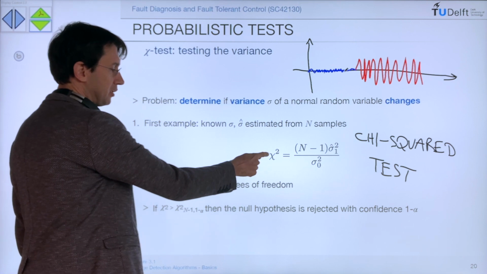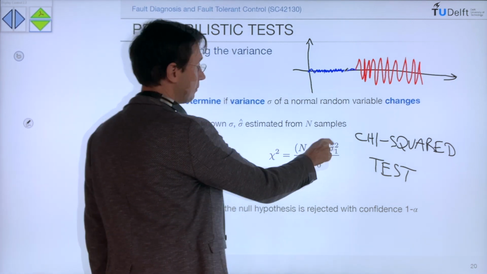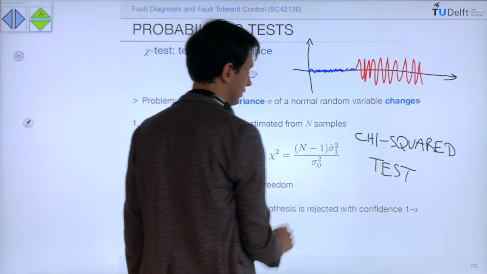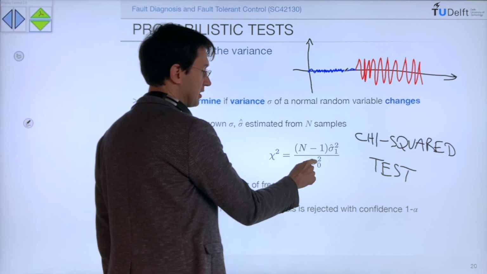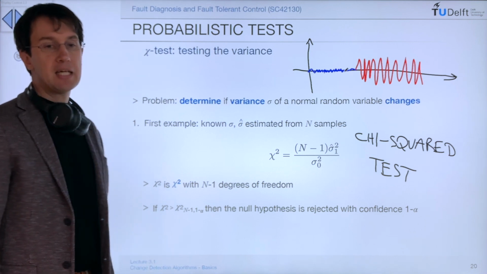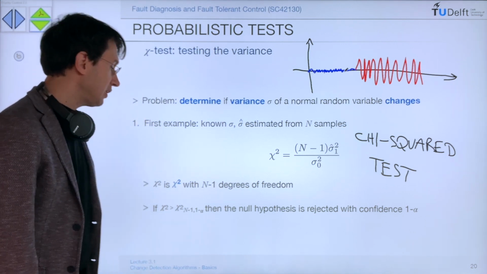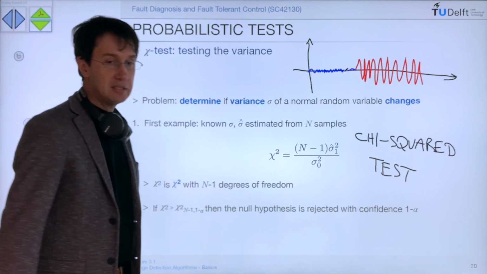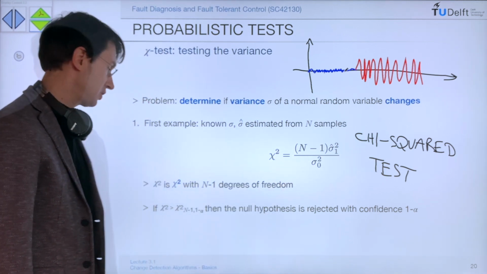So the variable that you get here, that is equal to n minus 1, the empirical variance sigma in the change condition, over the nominal variance sigma 0 in nominal condition. This is distributed as a chi-squared random variable. So in particular, this is a chi-squared random variable with n minus 1 degrees of freedom, where again, n is the number of samples we used.